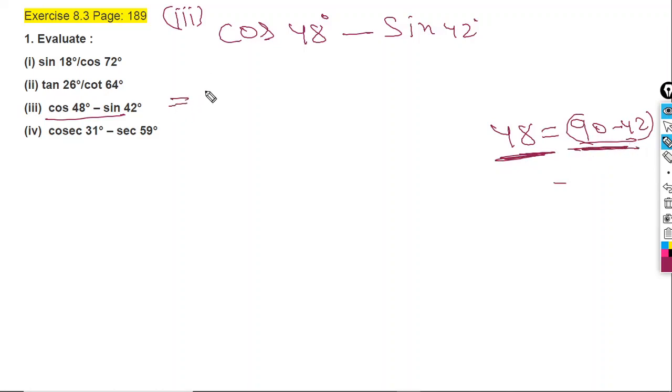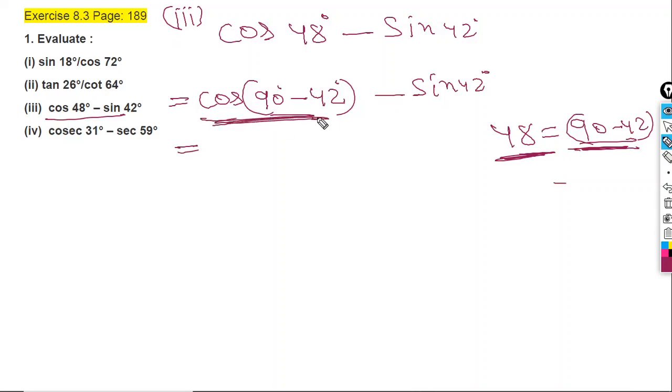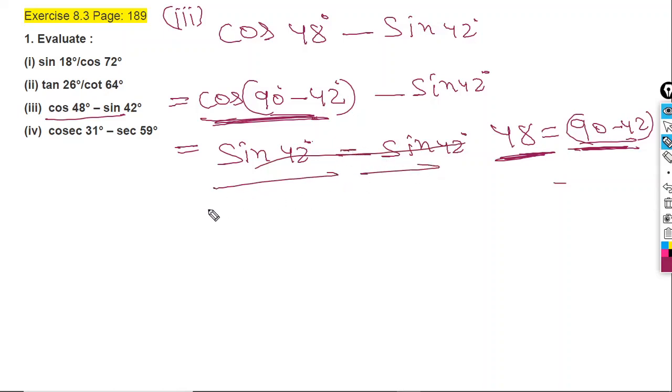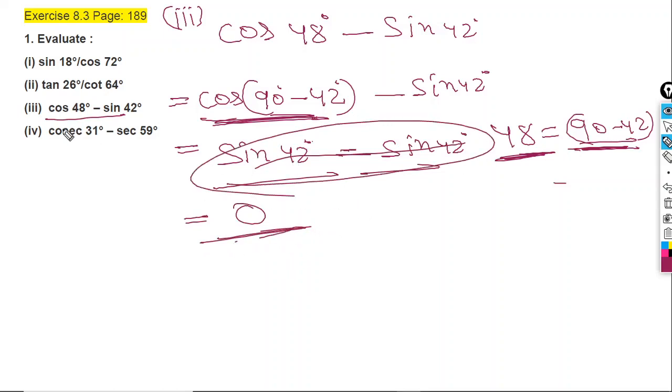This will be equal to cos (90 degree minus 42 degree) minus sin 42 degree. Since cos (90 minus theta) is sin theta, we will write sin 42 degree minus sin 42 degree, which is equal to 0. So (iii) is equal to 0.